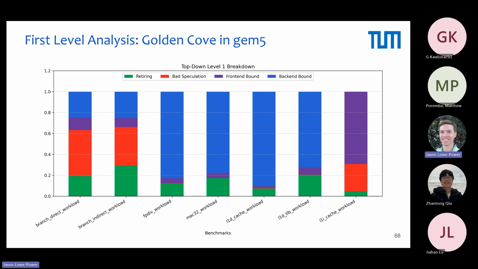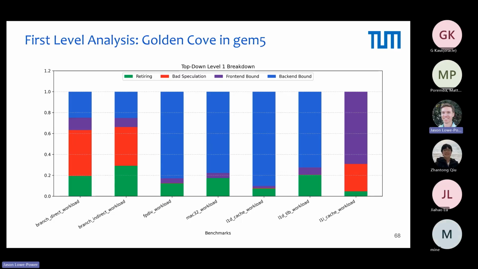So this is the first level analysis from Golden Cove and gem5. Here, the categories should sum up to 1. Retiring is in green, bad speculation in red, front-end bound in purple, and back-end bound in blue. So the first 2 benchmarks are branch direct and branch indirect workloads, which stress the branch predictor.